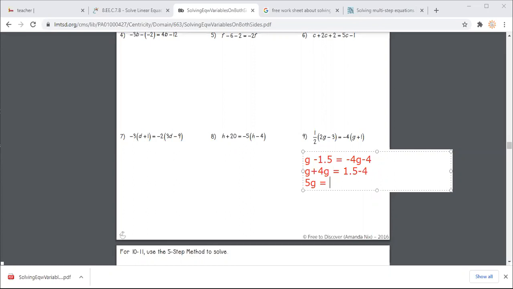It will be how many? Negative 2.5, right? Then g equal negative 2.5 divided by how many?